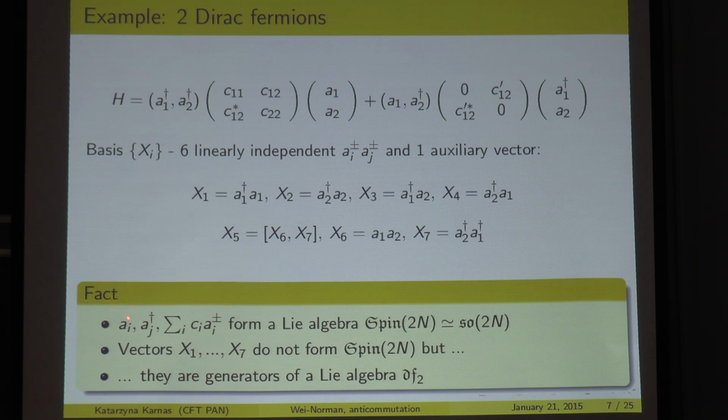At first, the fermionic annihilation and creation operators and their linear superposition form the Lie algebra spin 2n, where n is the number of possible modes, which is the covering of the special orthogonal algebra, but the vectors used in the Wei-Norman method do not form this algebra because they are not linear superposition.